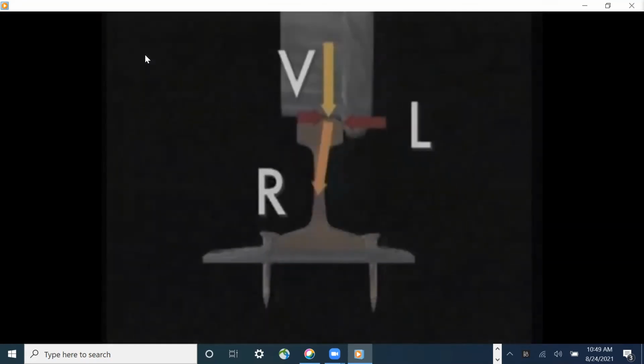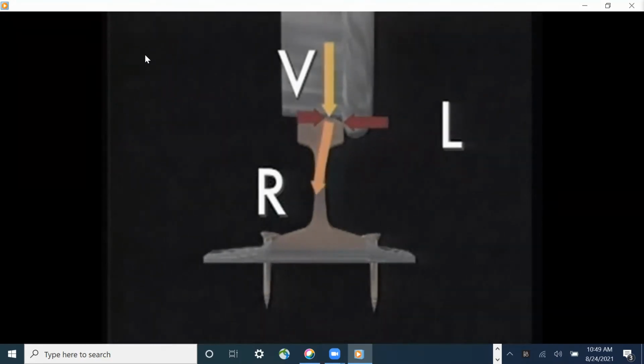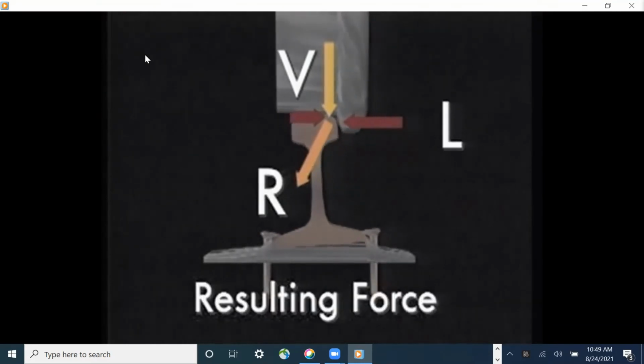The importance of the L over V ratio is that although lateral forces try to tip the rail over, the appropriate amount of vertical force holds it in place. However, if the L over V ratio increases beyond certain limits, the resulting force can tip the rail and damage the rail fastening system.